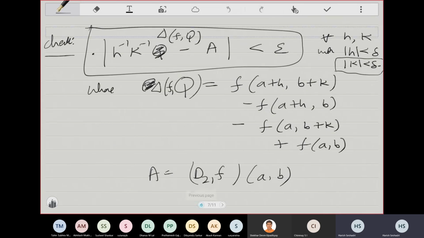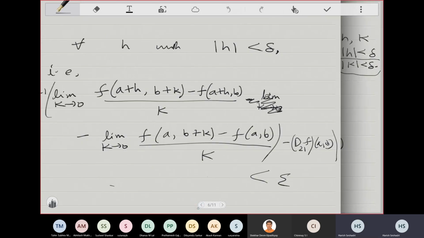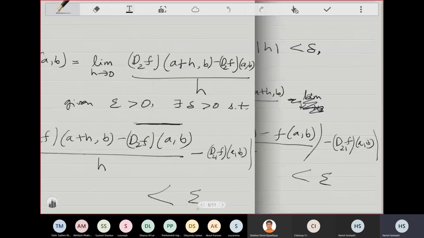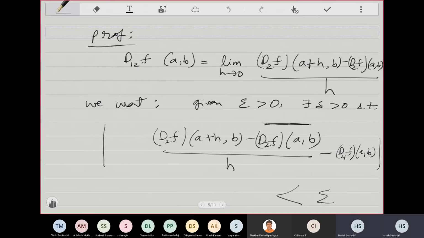So you just write down in a very simple-minded way the difference quotient. After all, what do you want? You want to show that D12 f at ab is D21 f at ab. You know the right hand side exists. You don't know that the left hand side exists. Even if you knew, it doesn't help all that much. So you just start with the difference quotient, which will define the left hand side like this. Then you just simplify things.